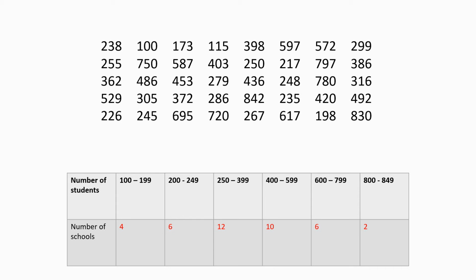For the schools that have students between 100 and 199 are 4, between 200 and 249 are 6, 250 to 399 are 12, 400 to 599 are 10, 600 to 799 are 6, and 800 to 849 are 2 schools.